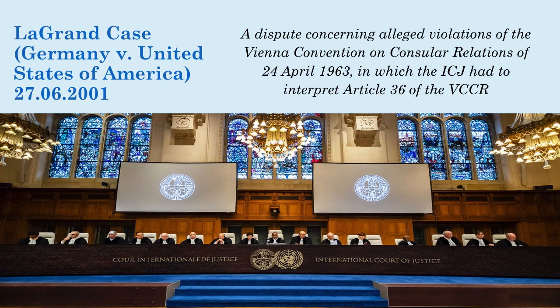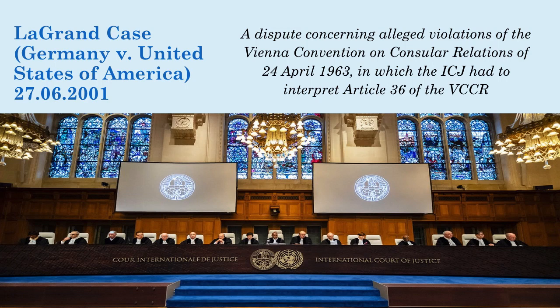Since Germany was not informed in a timely fashion, it was prevented from rendering the assistance provided for in Article 36, paragraph 1, letters (a) and (c). Thus, also these provisions were violated.